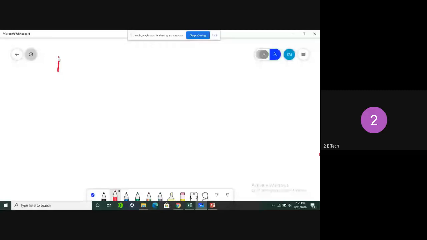Which symbol is it? This is nothing but the AND gate. Very good. This is nothing but the OR gate.